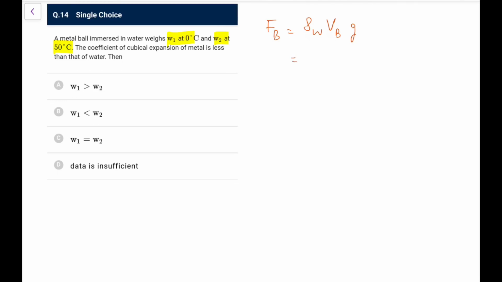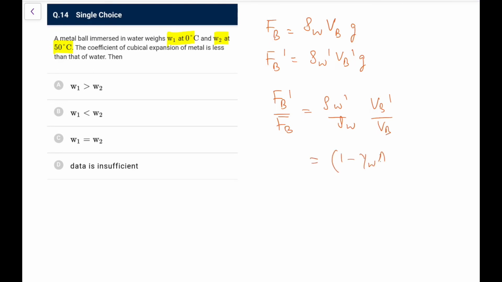In the new case, FB dash would be rho W dash, VB dash, g. So if I calculate the ratio of FB dash to FB, I have rho W dash upon rho W into VB dash upon VB. Now rho would be 1 minus gamma of water into delta T, and this would be 1 plus gamma of ball into delta T.